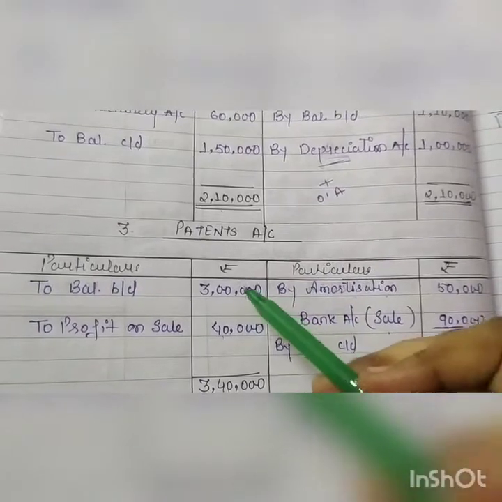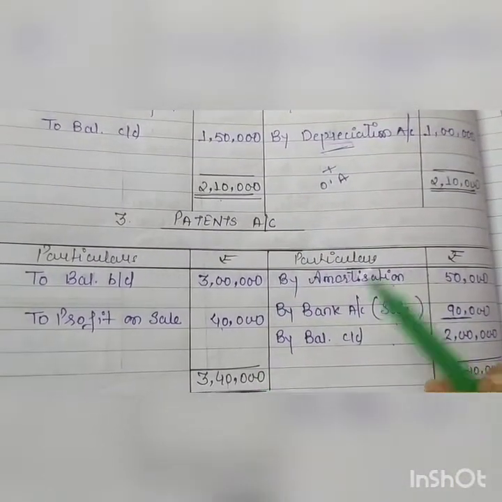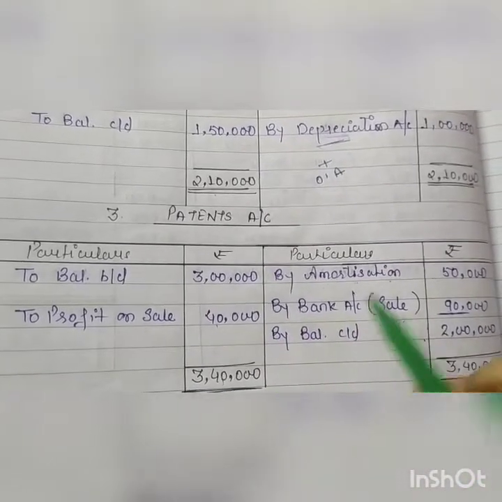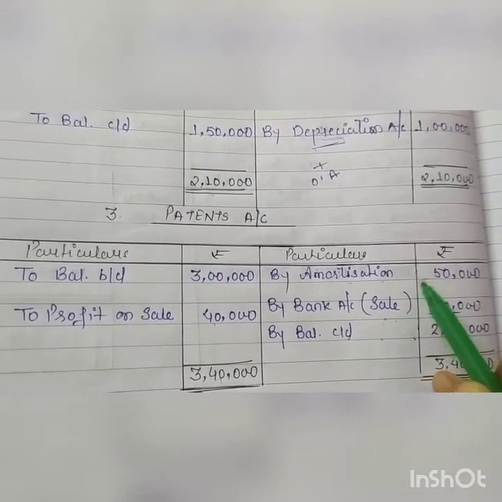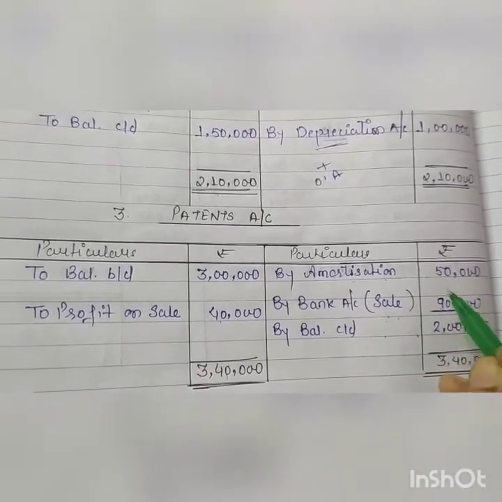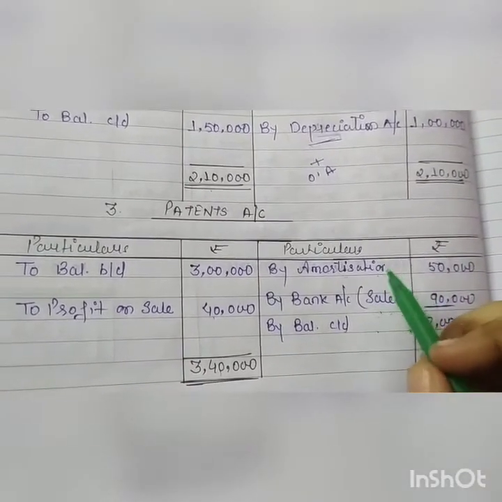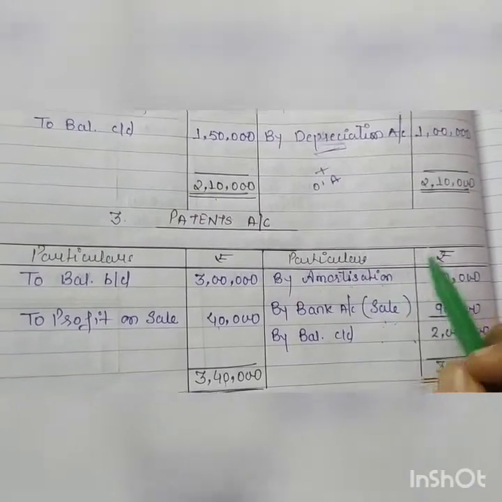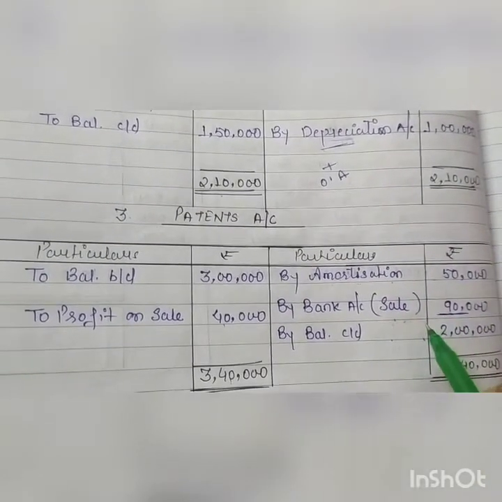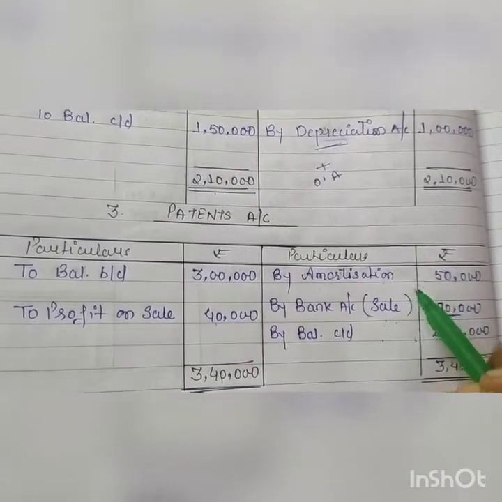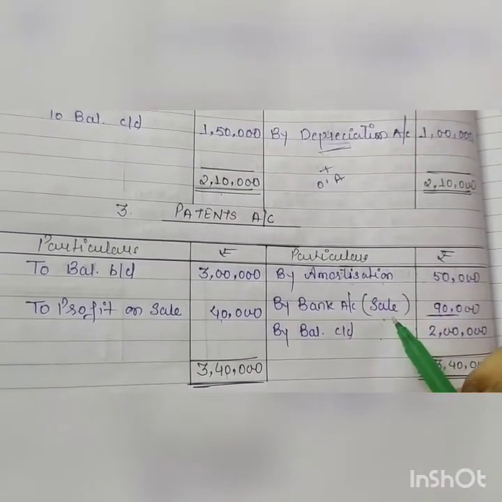Now see, debit side total is 3,40,000. Here credit side is less. Debit side 3,40,000 and credit side 2 lakh plus 50, 2,50,000. So this 90,000 will be your sale value. Okay. Because in this question we have amortized value, and if your credit side is less and amortization or depreciation is given in the question, balancing figure will be your sale.